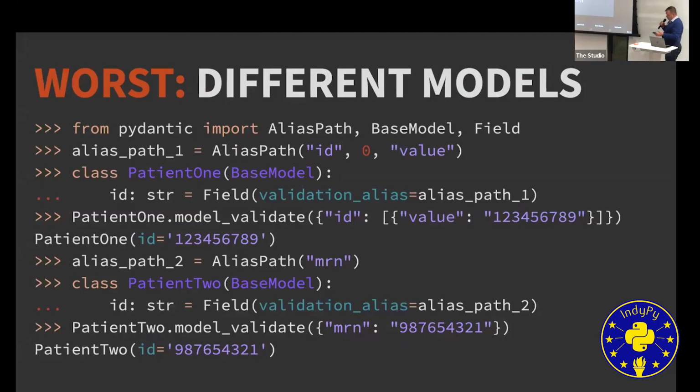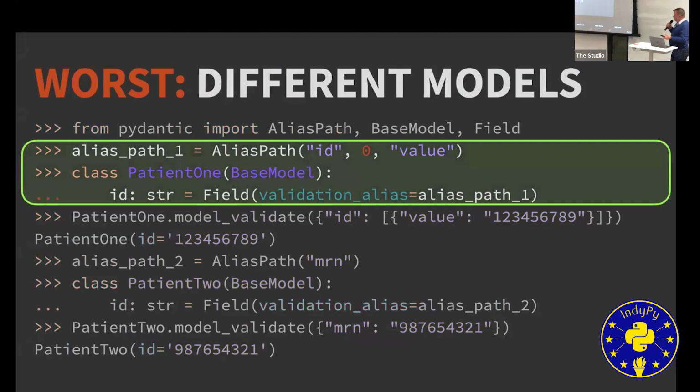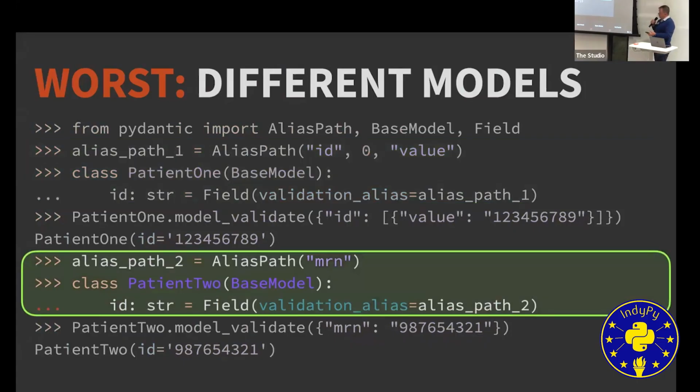We could try to deal with the problem by creating two different models. The first model would deal with the ID that's deeply nested. And the second would handle our MRN model. The problem here is the same as with our other examples.